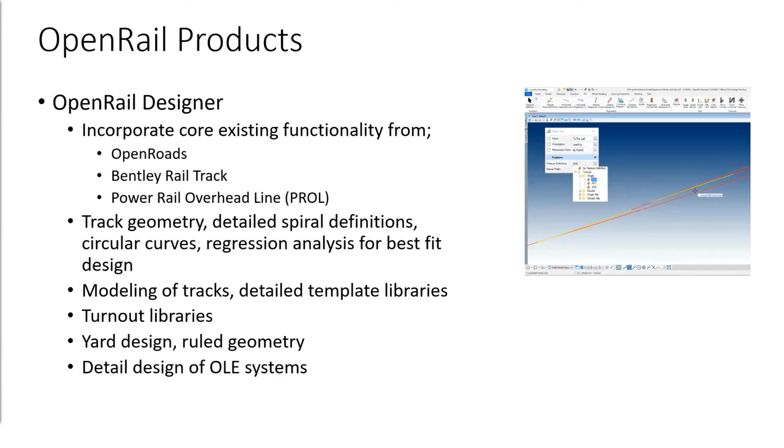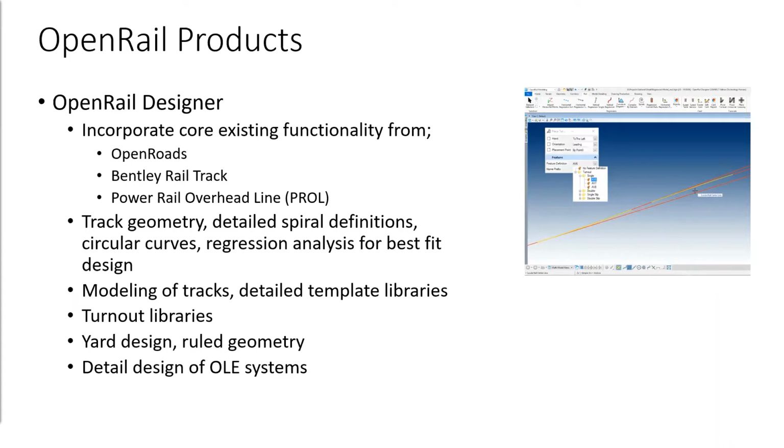The reason why we came up with OpenRail Designer is because we want to move into the digital twin era, where all the models can grow as the asset operates. The previous software of rail track and overhead line are not able to be developed in such a way. So that's why we came up with OpenRail Designer.